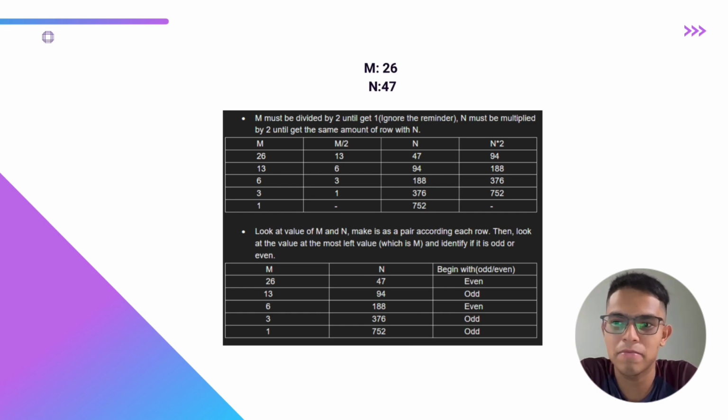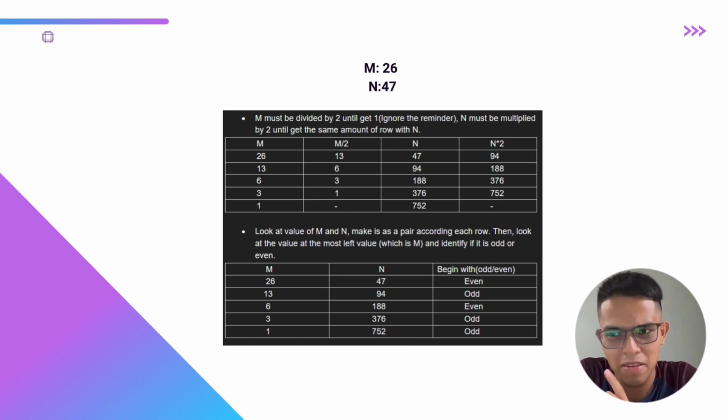After that, we take the N value and multiply it by 2 until we get the same number of rows as the M value, which is 5. So for example here, the first value of N is 47.